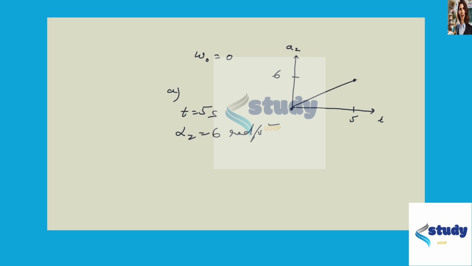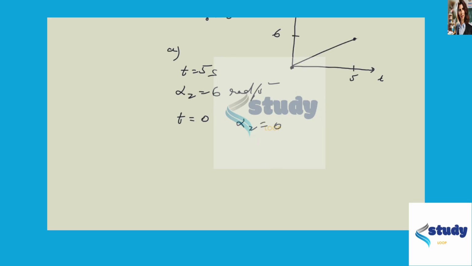And we have the initial acceleration at t equal to 0. The acceleration is equal to 0, because if you see, it's passing through the origin. Based on this you can have the equation alpha z equal to a t, let's say.